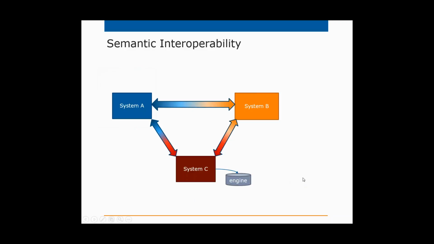Semantic interoperability doesn't just have to be that little graphic that I showed you with the three systems, and it hardly ever is. If it's 5 minutes in and you're already changing, right? That's kind of the way it goes. And certainly in some cases you'll have an interface engine for one of the systems. So in this case you can see System C, and having semantic interoperability doesn't mean that you've got one engine.